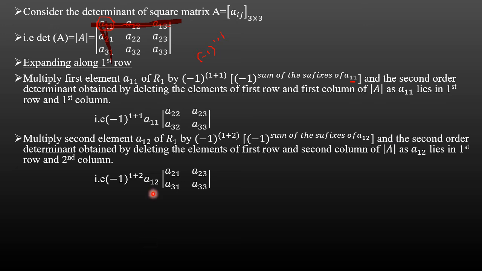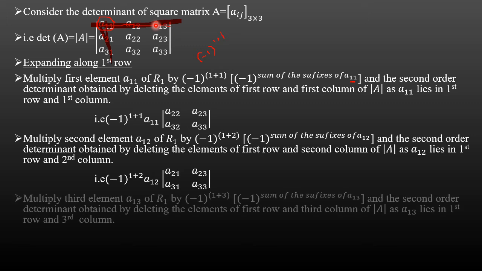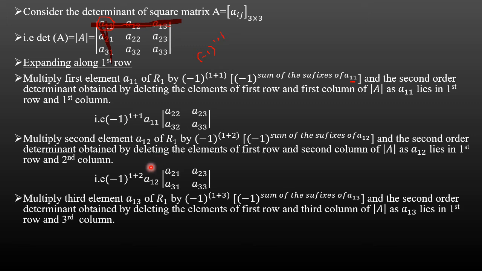Similarly, the third element. We are expanding along the first row, so we have multiplied the first and second elements. Now the third element, that is a13. For a13 we multiply by (-1) raised to the power of its suffixes, that is 1 plus 3.